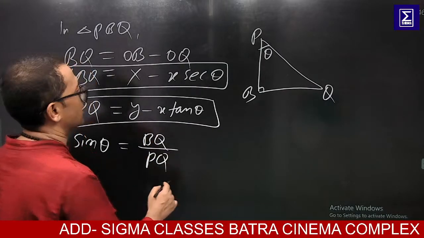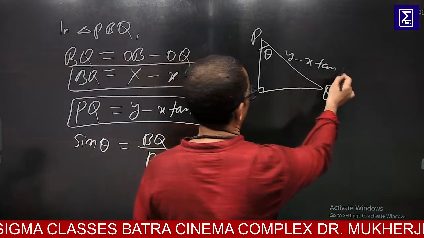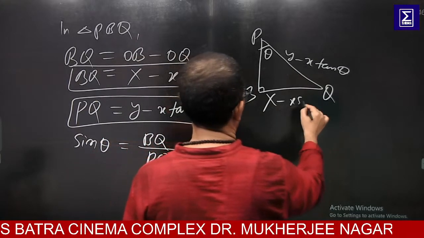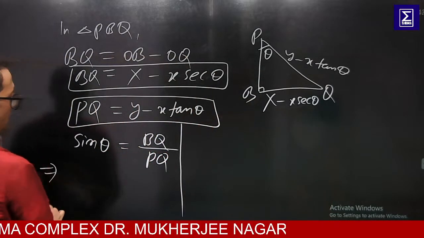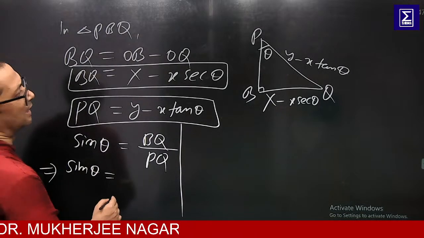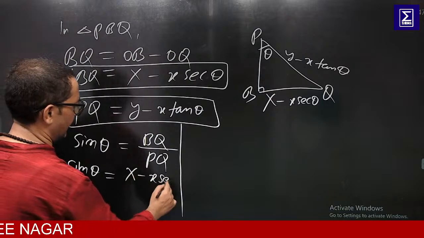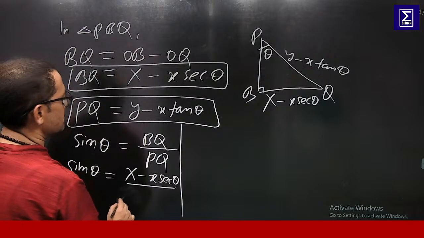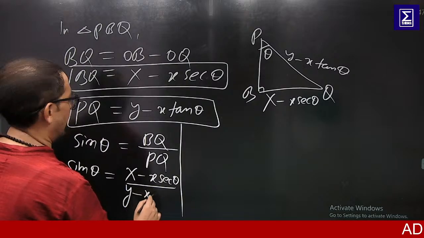Here PQ is nothing but y minus x tan theta, and BQ is X minus x secant theta. So here sin theta is equal to BQ, that is X minus x secant theta, upon PQ, that is y minus x tan theta.